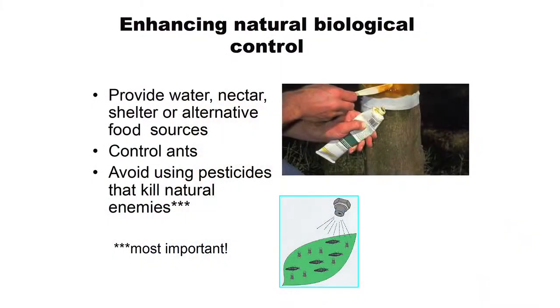And we found that by keeping ants out of trees with Tanglefoot like that, we increased parasitization of soft scales to the extent that it was equal to a control with insecticidal oil on the scales. It's hard to control ants though. But the most important way is to avoid using pesticides that kill natural enemies in your garden. And that's something we'll also be talking about later.